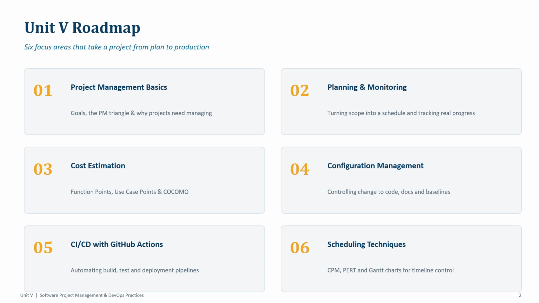In this, function point, use case point, and COCOMO we are going to learn. In the fourth one, we are going to learn configuration management. In this, controlling change to code, docs, and baselines. Then the CI/CD model with GitHub Actions and scheduling techniques. These are the topics we are going to learn.